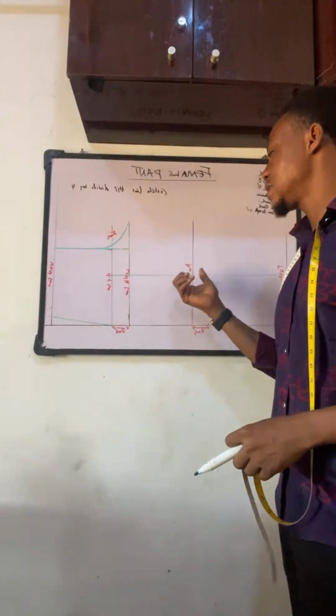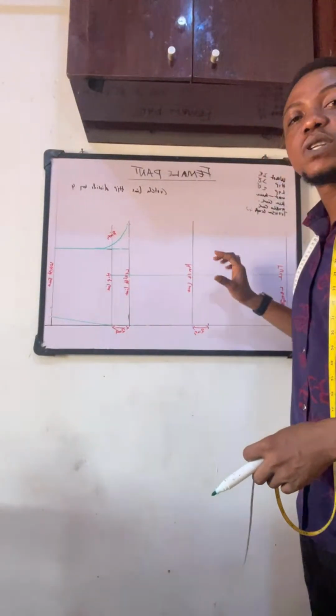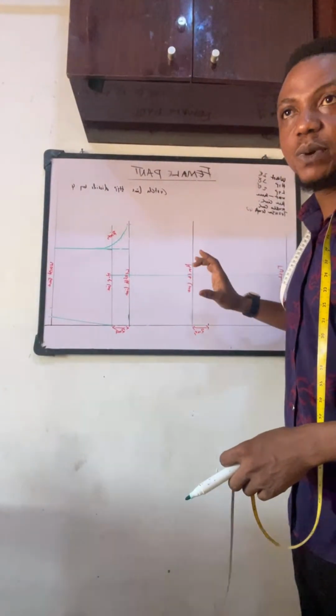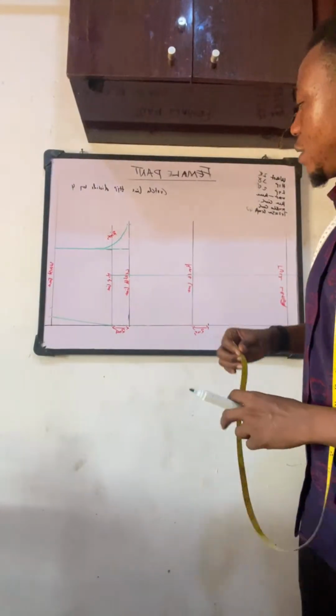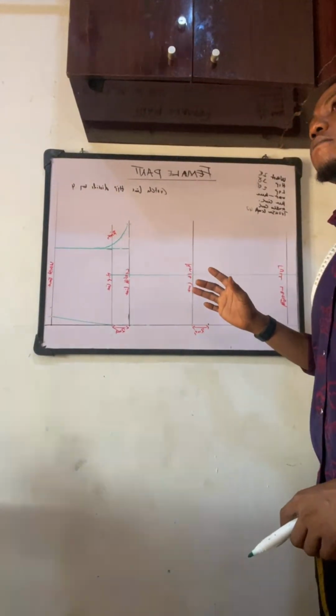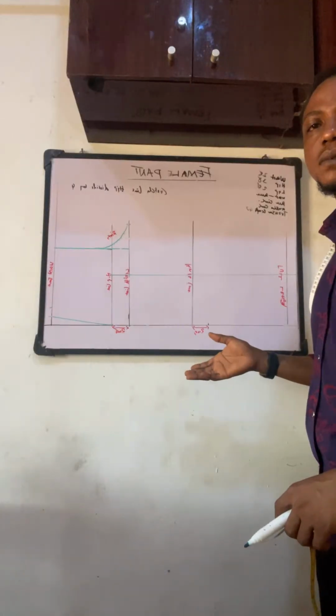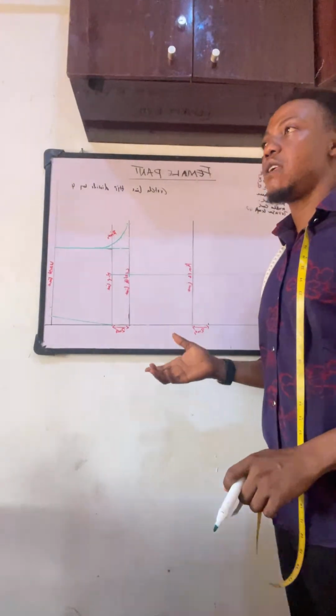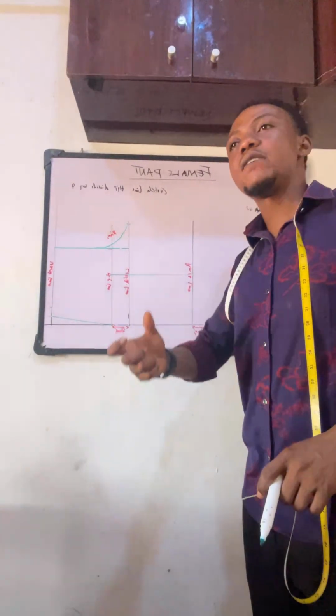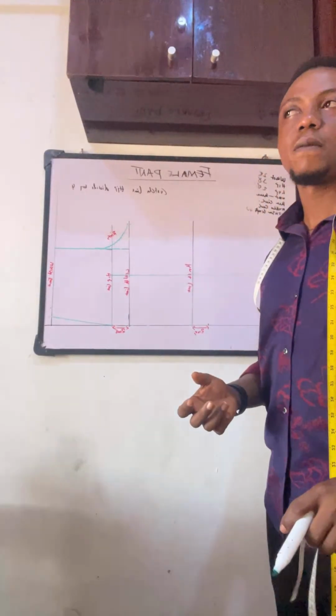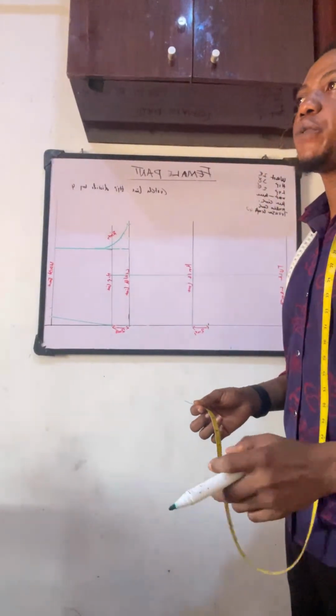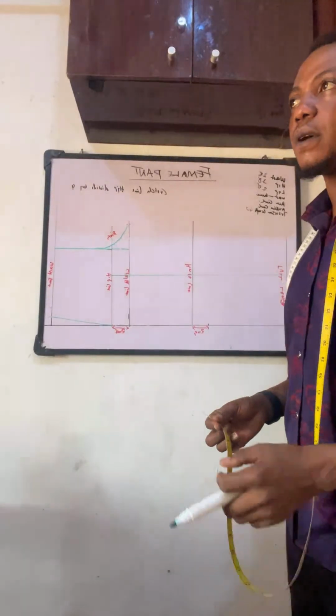So now that we have our center line, now input our knee measurement, right? Now, if our knee is 17, let's make use of 17. If our knee is 17, 17 divided by 2 will be 8.5, right?